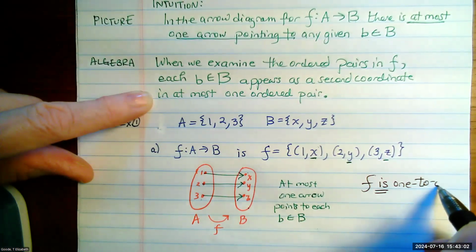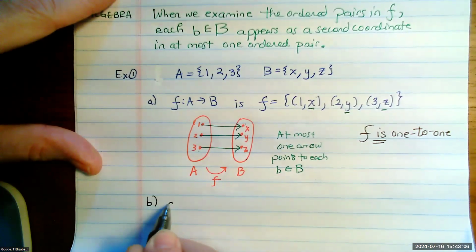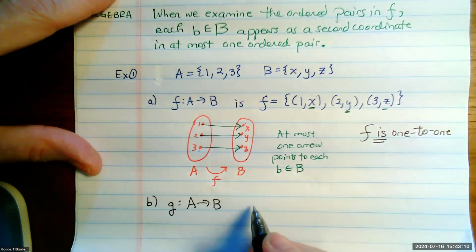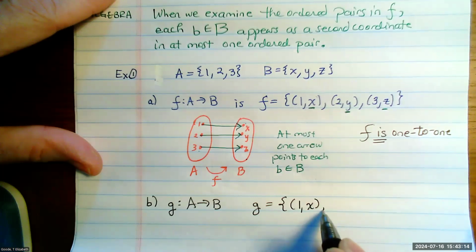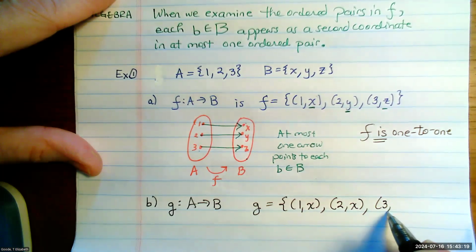Now, let's check g from A to B, where g is 1 going to x, 2 going to x, and 3 going to z.